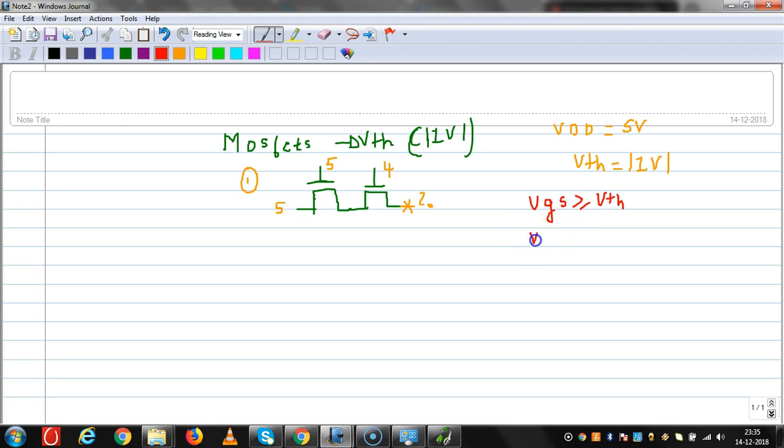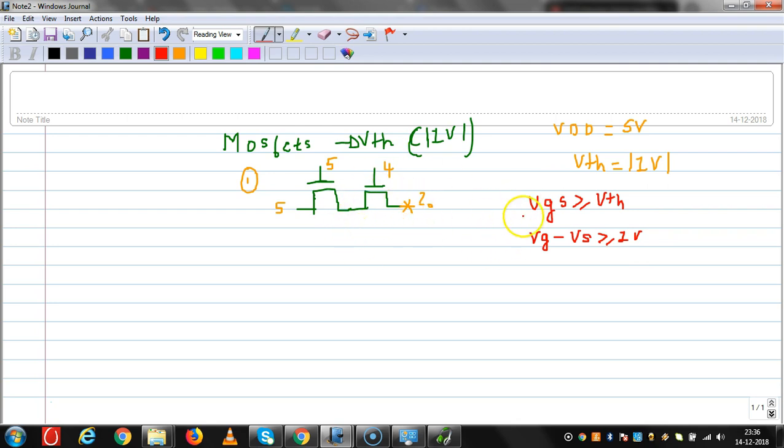The gate to source voltage means the gate voltage minus the source voltage. So that must be greater than or equal to 1 volt. So for any voltage between gate and source which is lesser than 1 volt, your MOSFET is off, and when it is off, there is no current between the drain and source. So that's it. We can solve this question now easily.